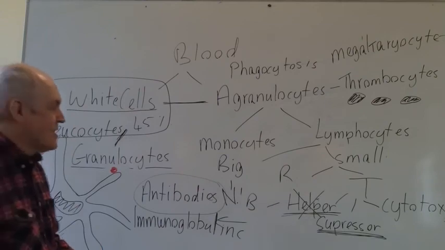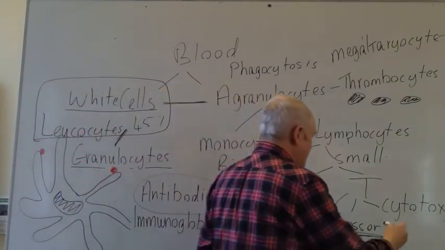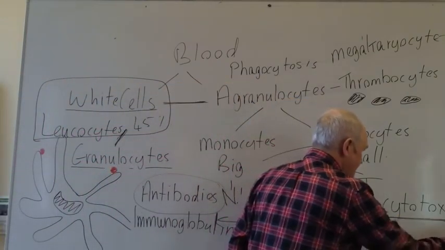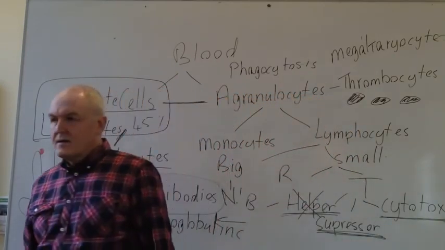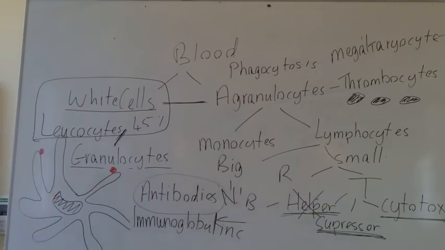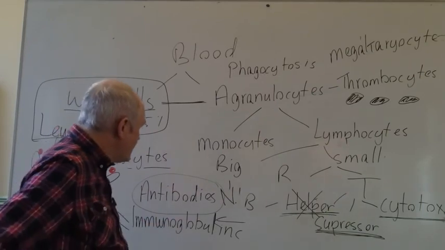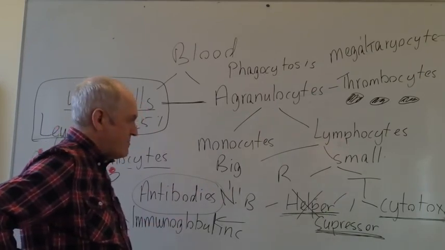And the last sort are the cytotoxic lymphocytes. And they can kill cancer cells. The cytotoxic cells can kill cancer cells, as indeed sometimes can the natural killer cells, probably.